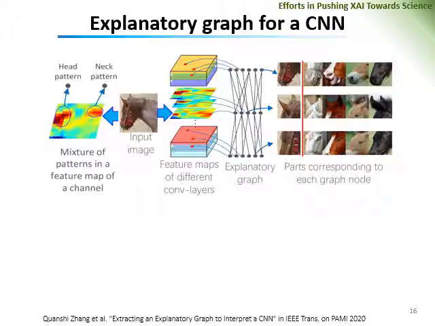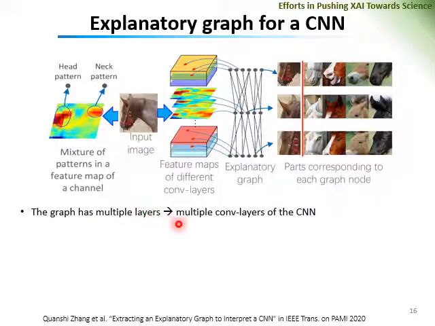So, in this study, we propose an explanatory graph as a dictionary to explain the pre-trained neural network, to explain the visual concepts encoded in a pre-trained convolutional layer. The graph has different layers. Each layer corresponds to a single convolutional layer in the CNN, and each node represents a single part.